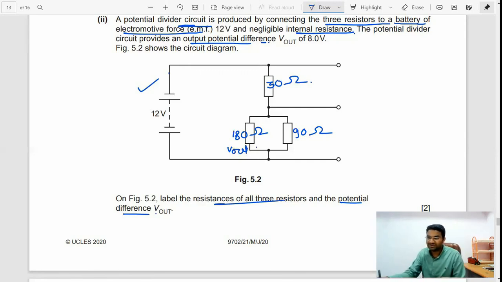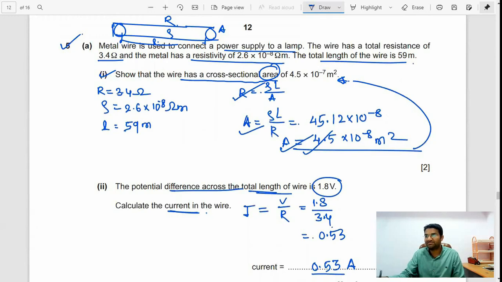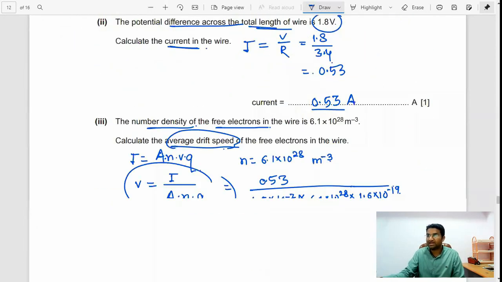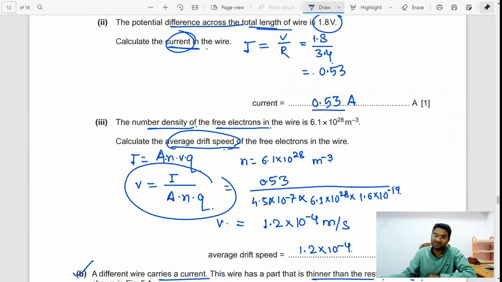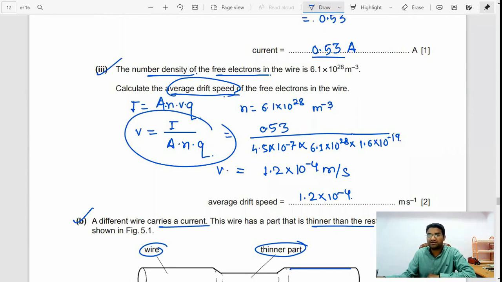Yes, look at this one. What it says is, in the first case, we found the cross-sectional area, then the potential difference across the length of the wire, right? Then we calculated the current, and in the third part we calculated the average drift speed, right?